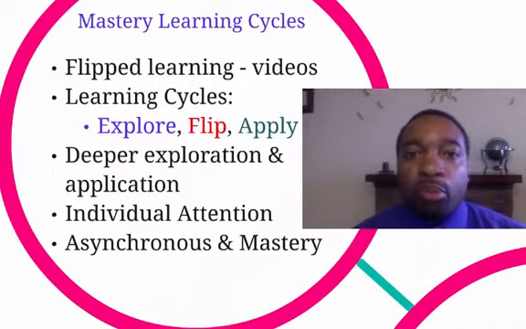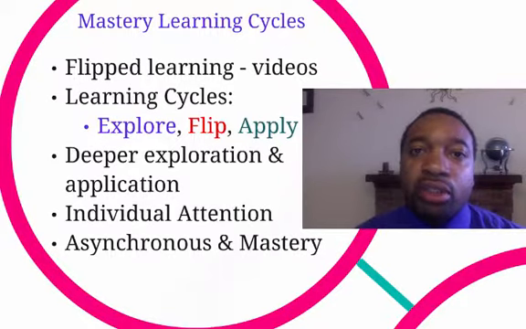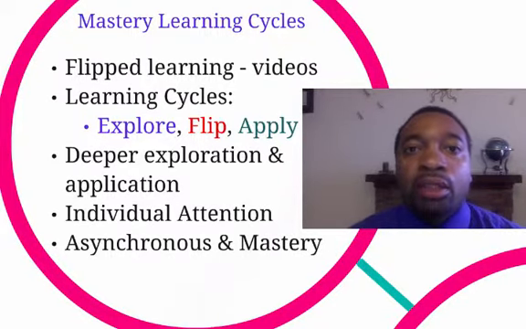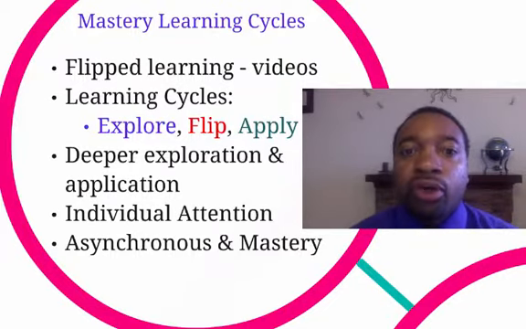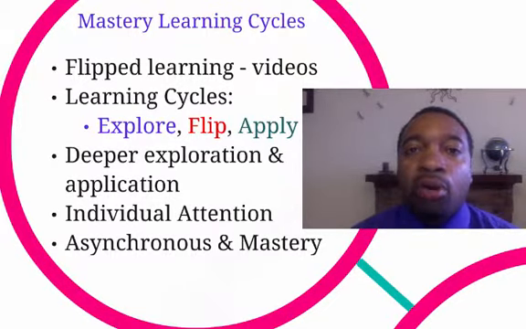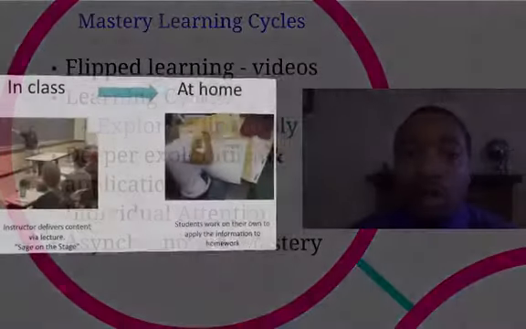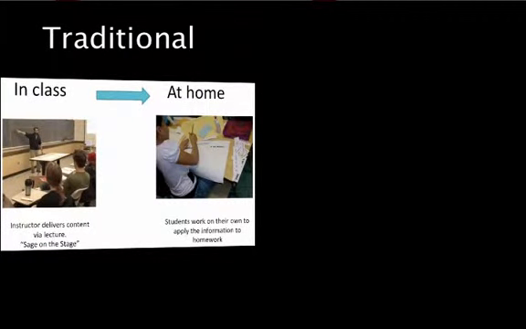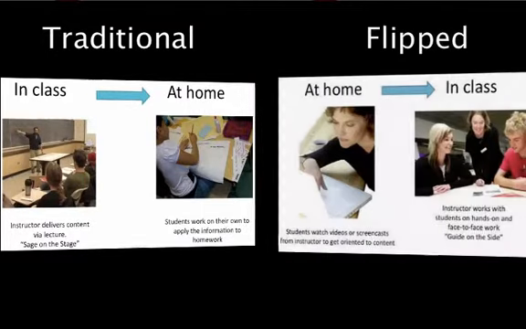So I'll tell you a little bit about the organization of this course. And the content is organized in what I call mastery learning cycles. Mastery learning is a model of flipped learning. And flipped learning is basically where direct instruction or lecture is offloaded into videos, instructional videos.